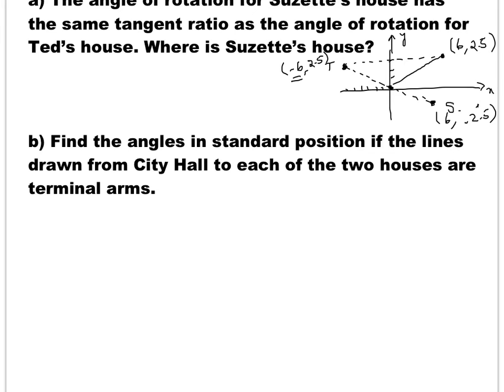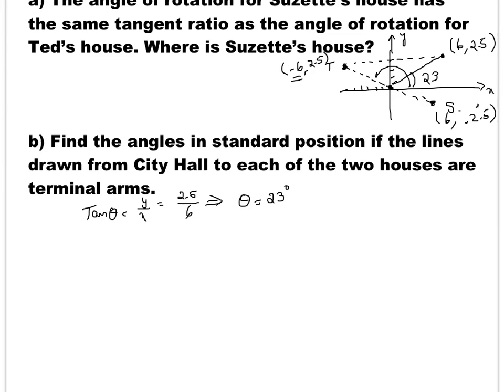So this is going to be my reference angle. We know that x is 6 and y is 2.5. So I'm going to write that tan theta by definition is y over x, which is 2.5 over 6. If we use the inverse function, we get theta is approximately 23 degrees. So this angle is 23 degrees.